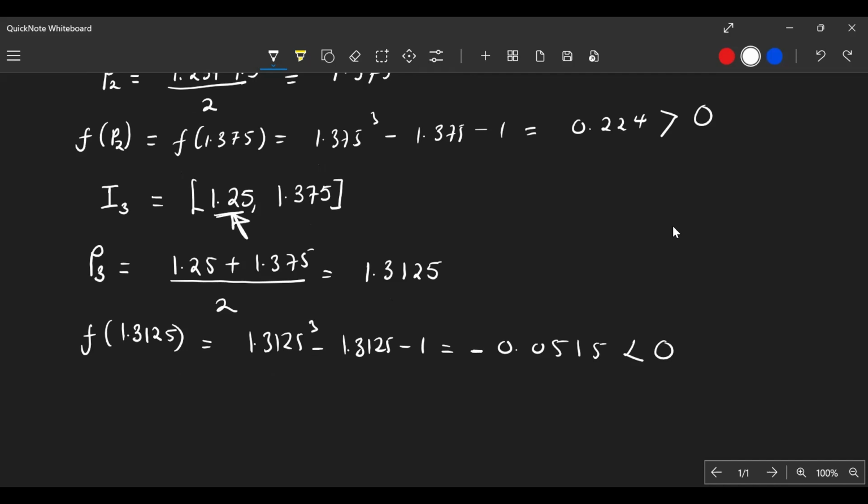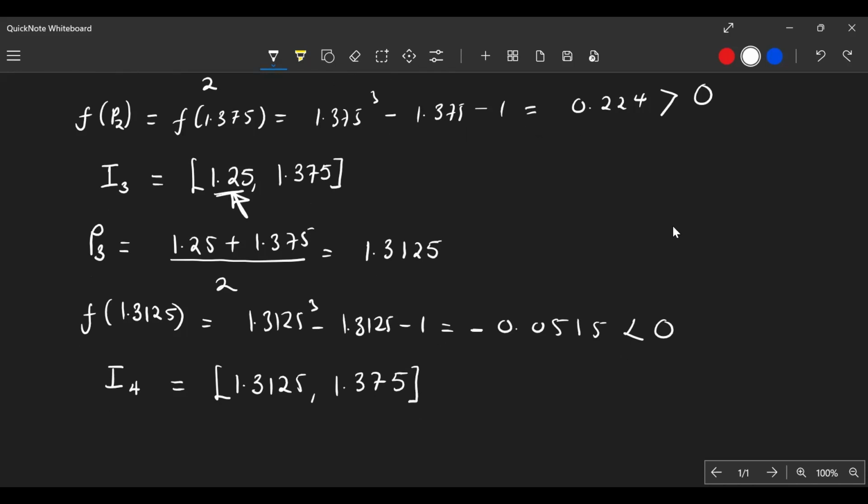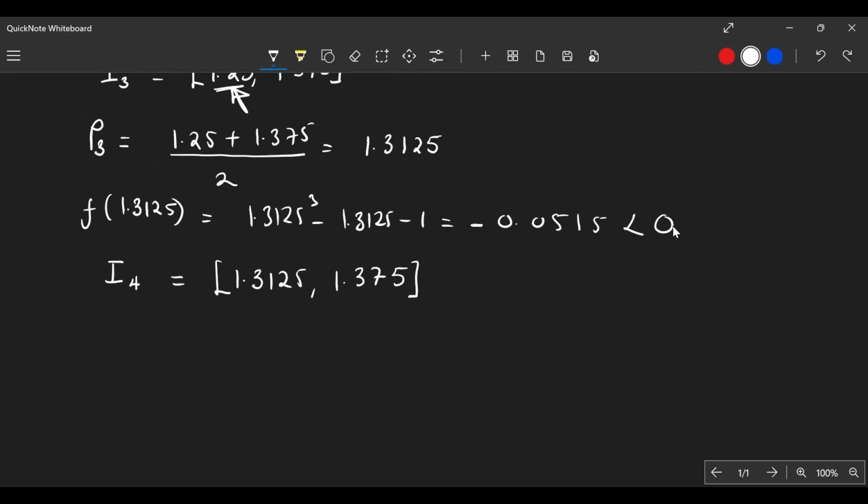So my new interval therefore will be equal to 1.3125, comma, 1.375. So this is my new interval. I can find P4 from this.